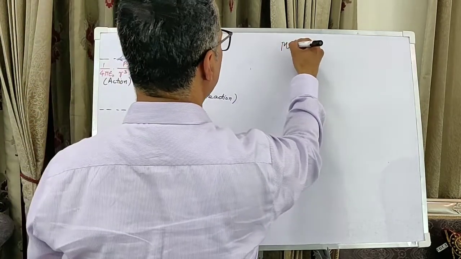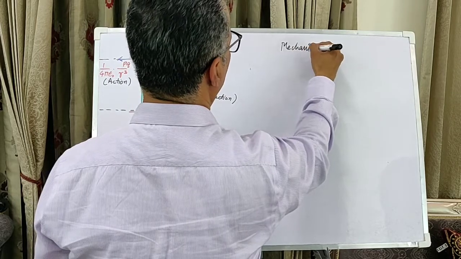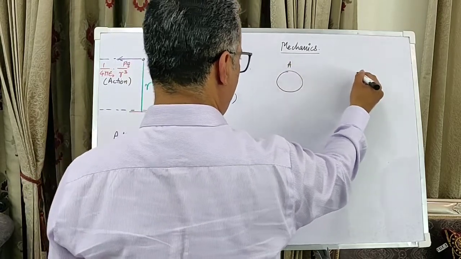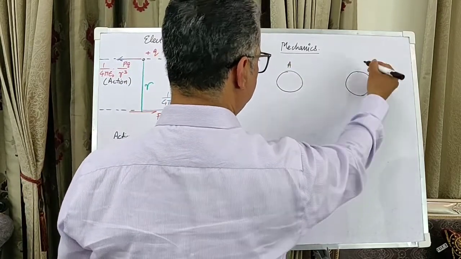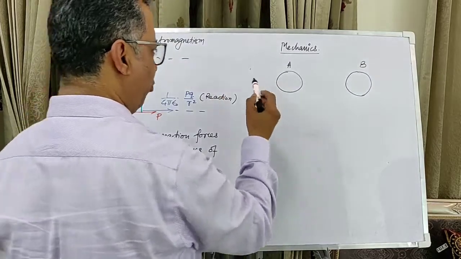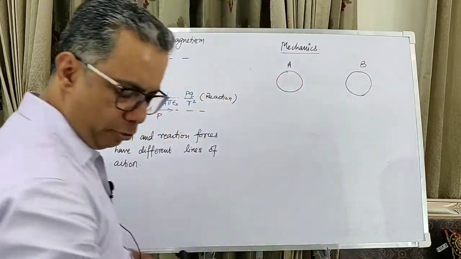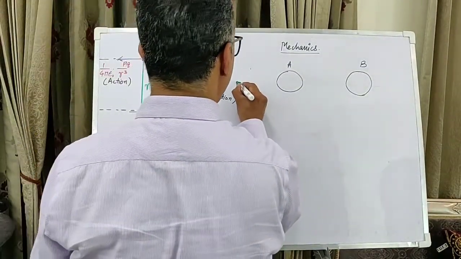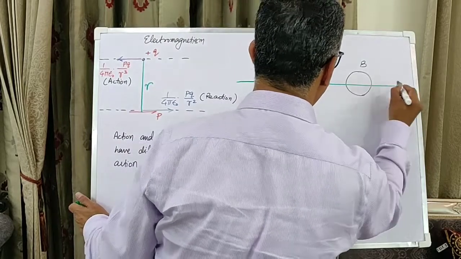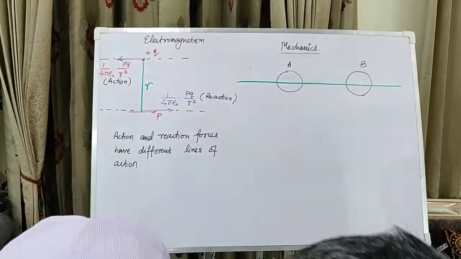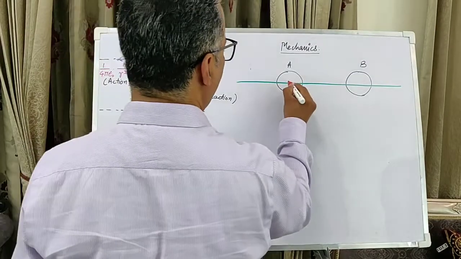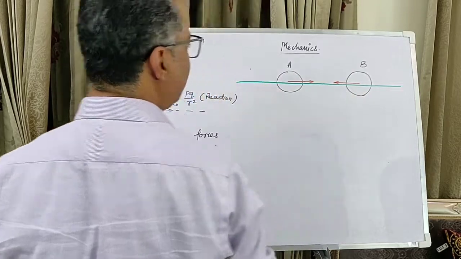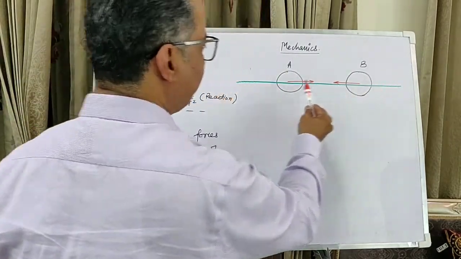In mechanics, if there are two objects A and B exerting forces on each other, let's assume for simplicity that the forces are forces of gravity. If they're exerting gravity force on each other, this is the line joining them, and then those forces will invariably have the same line of action.